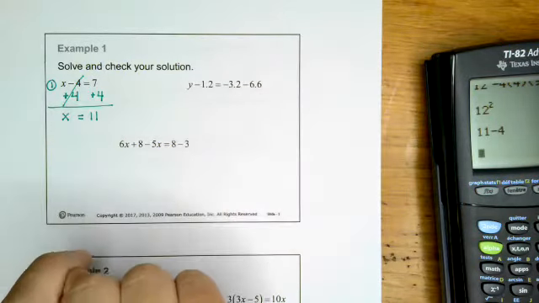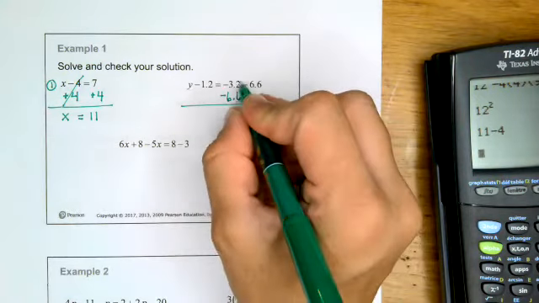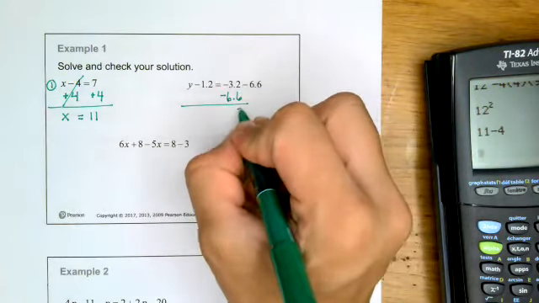Just make sure to line up the decimals, decimal point on top of decimal point. Because they're both negative, we add them. 6 plus 2 is 8. Bring down the decimal. 6 plus 3 is 9, and it keeps the sign, so negative 9.8. I combined the like terms because there's no x here.